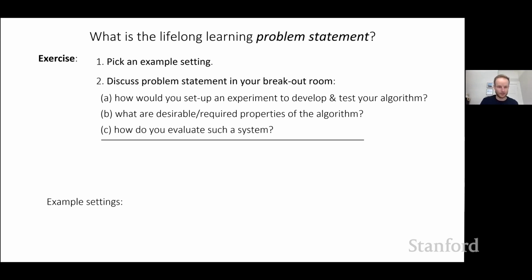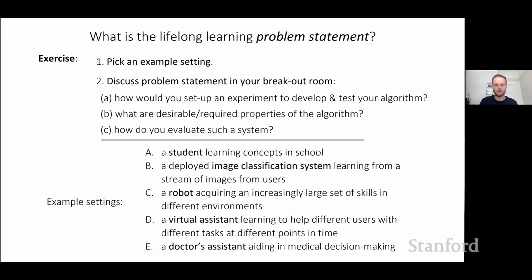All right, so the example settings that I gave before are here. A few logistics: we'll split you into breakout rooms. I'm not sure how many people we have on the call, but we'll decide in a second how many people will be in each breakout room. If the first letter of your first name is closer to the beginning of the alphabet, you'll be the person responsible for presenting the results.